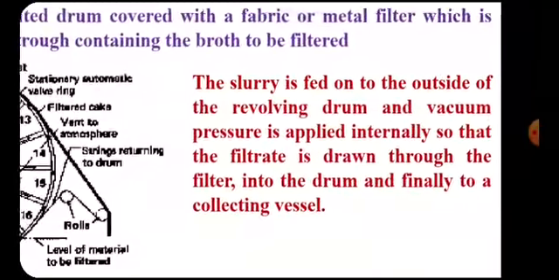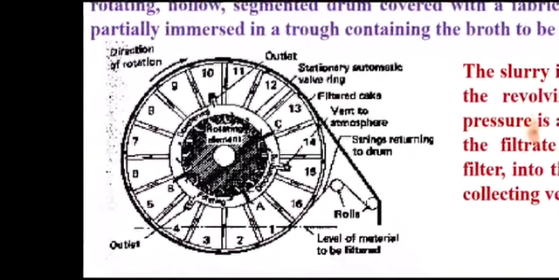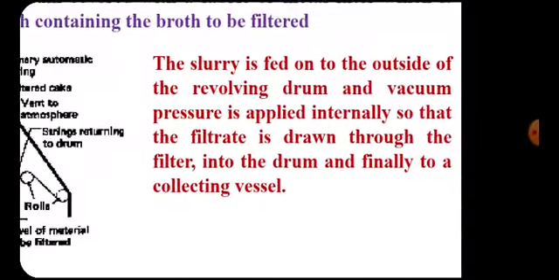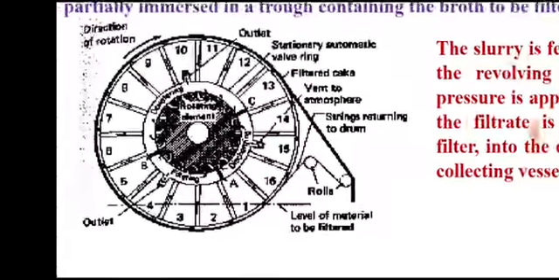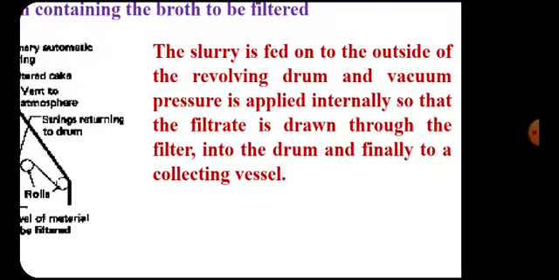The slurry is fed on the outside of the revolving drum, as this drum is dipped in the fermentation broth, and vacuum pressure is applied internally, that is at the center, so that the filtrate is drawn through the filter into the drum.